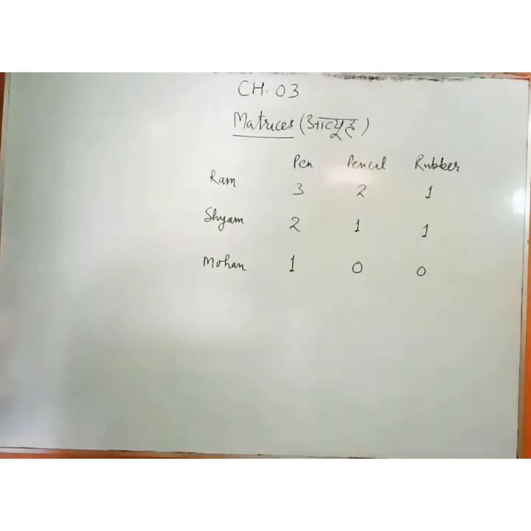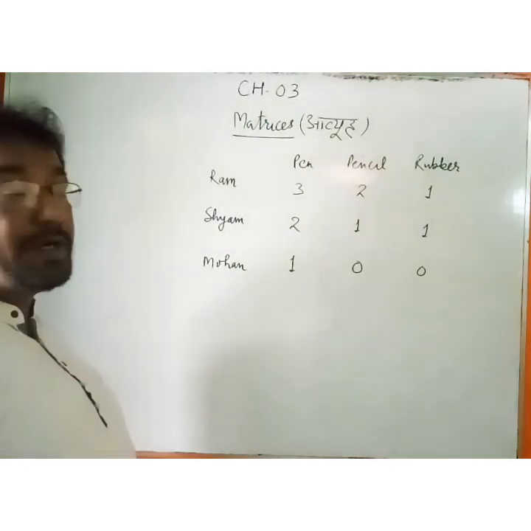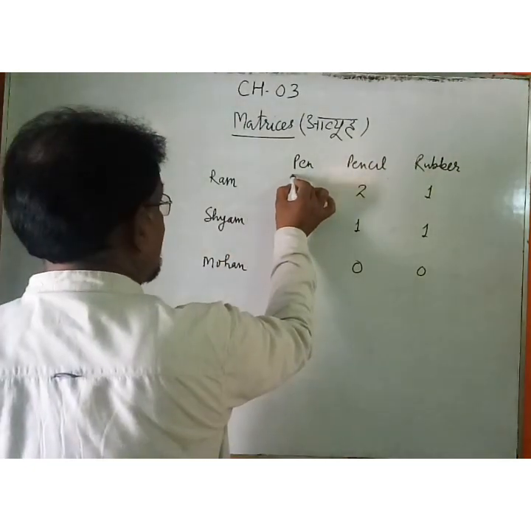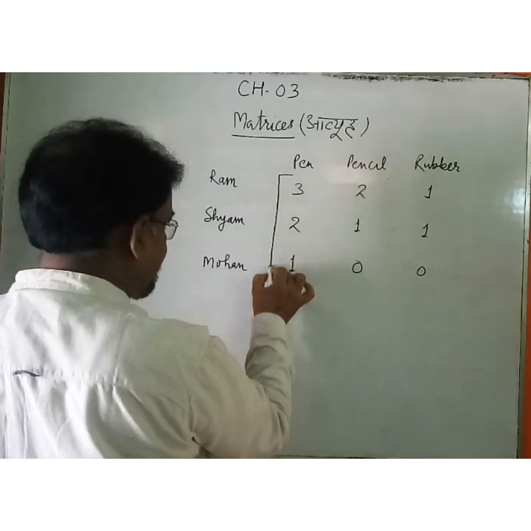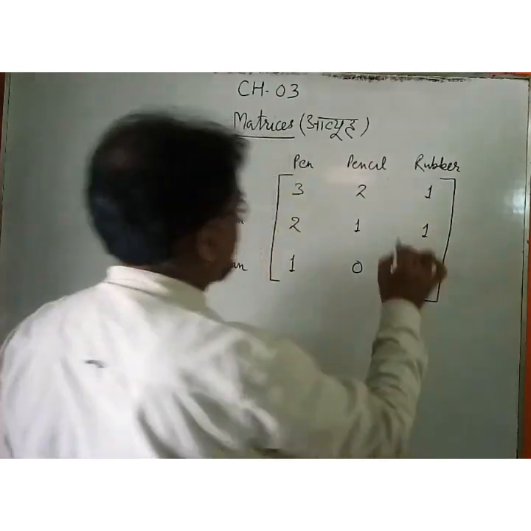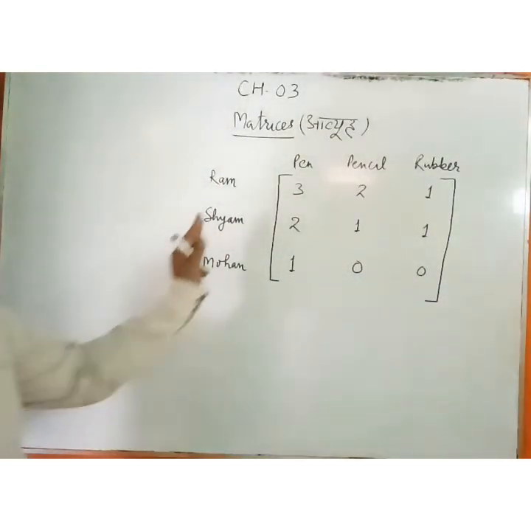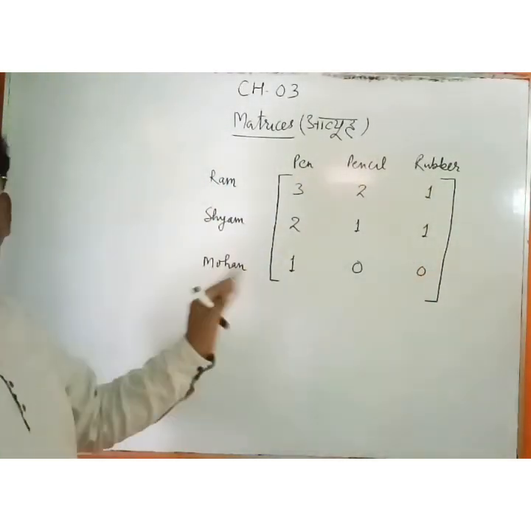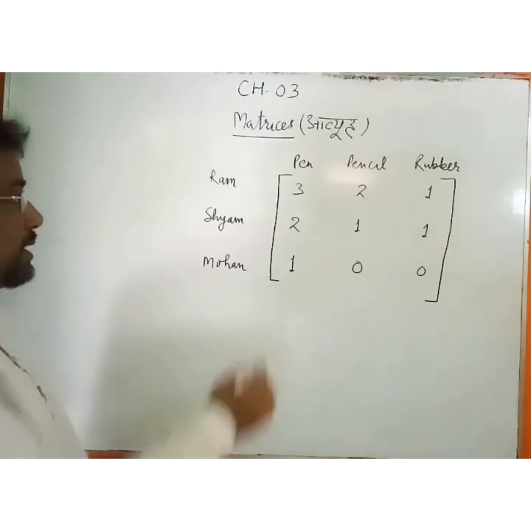Now see, here the numbers so arranged give a rectangular array of numbers. I will put these numbers inside the bracket. This notation is somewhat meaningful.